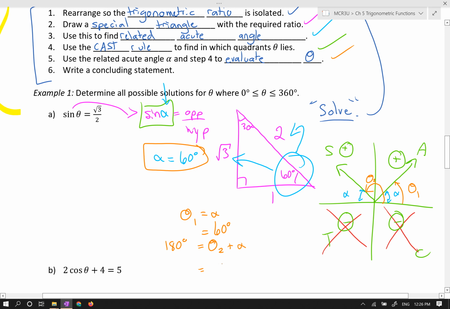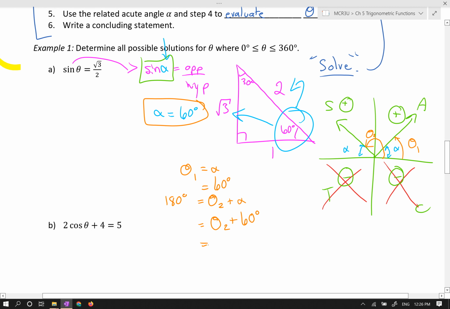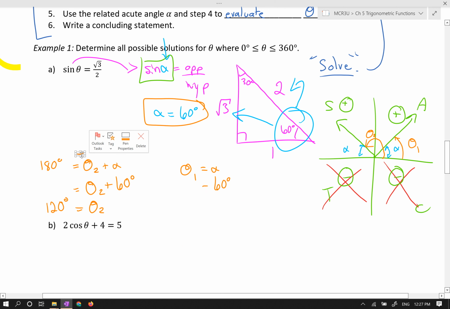Luckily, I know my related acute angle is 60 degrees, so that's theta 2 plus 60 degrees is equal to 180 degrees. I subtract 60 degrees from both sides, and I find that theta 2 is equal to 120 degrees. I'm just going to move this over to give ourselves enough space to solve the next problem. Good. So where I'm working right here, I just found two solutions.